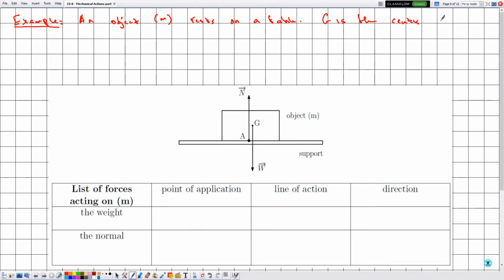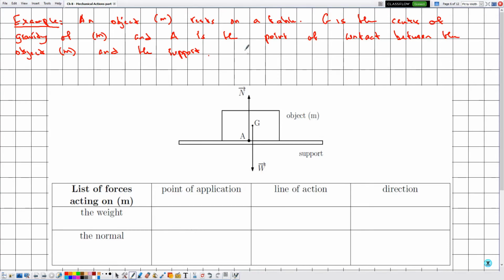Then let me write down that G is the center of gravity of M, and A is the point of contact between the object M and the support.